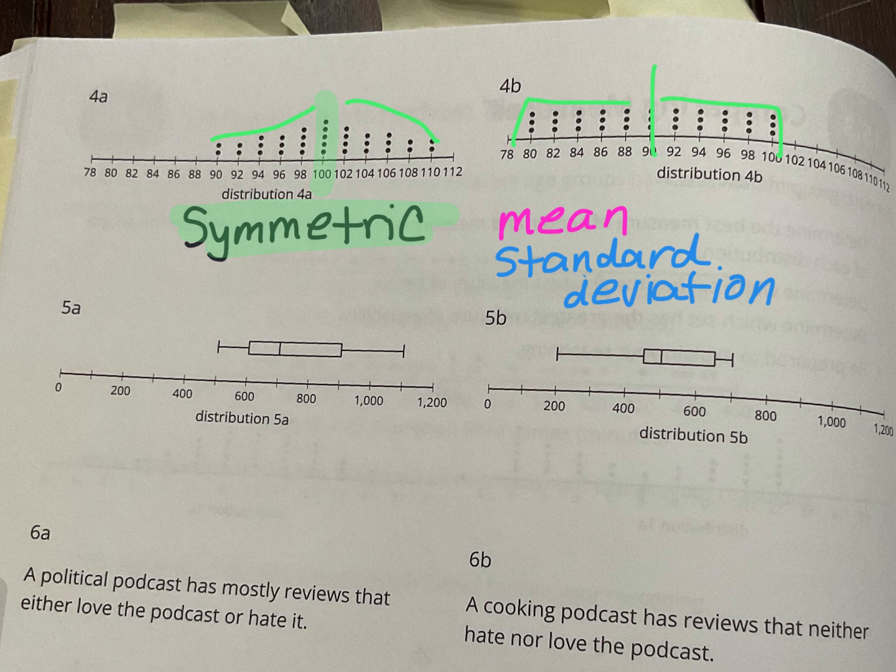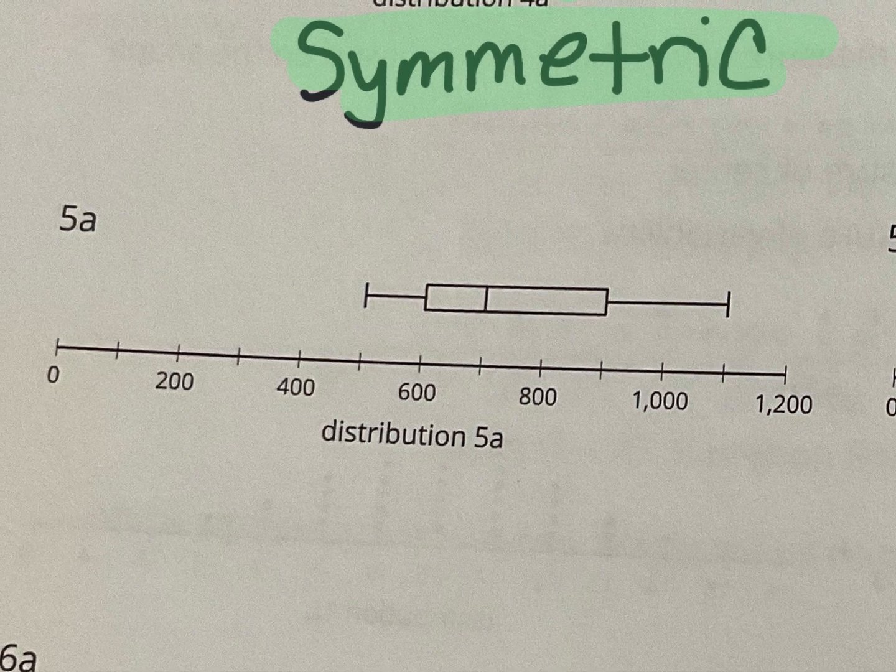Now let's look at number 5. Pause the video, try to decide what the answer should be. I'm going to assume that you have paused the video and you've tried the answer yourself. So here, remember, this is the median of a box plot, which means that this is the middle.